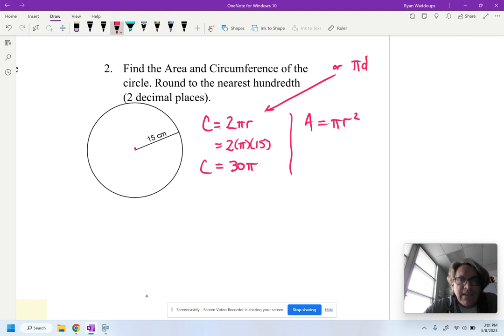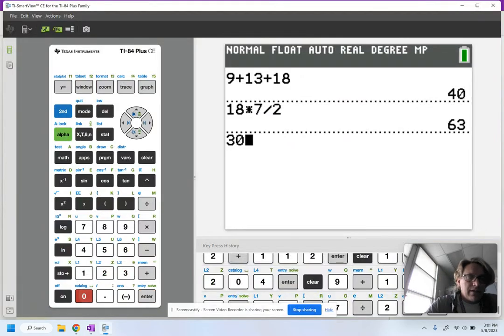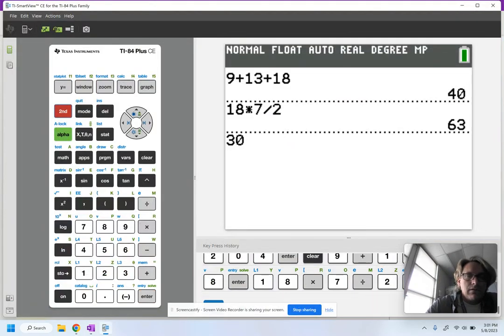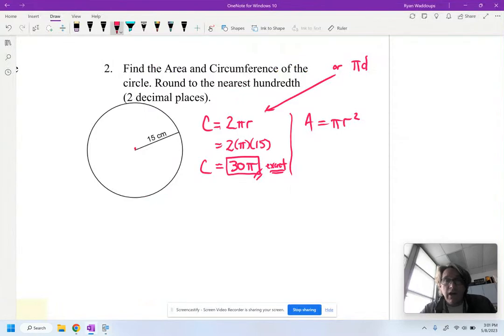And this is the exact answer. So if you're asked for the exact answer, that's it. But if they did ask us to round to the nearest hundredth, here we can type in 30 pi and round to the nearest hundredth.